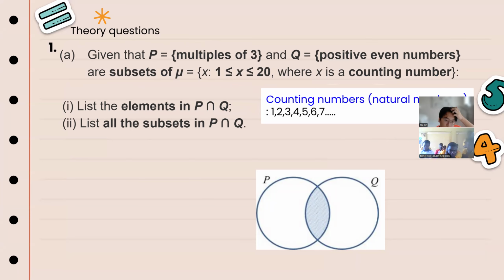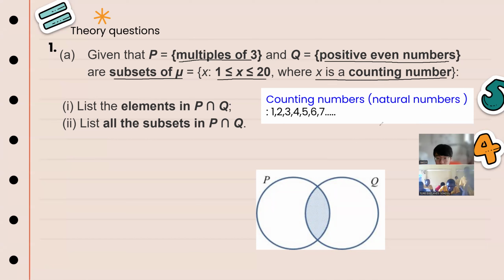Okay, this was a theory question from the 2025 exam. Given that the set P is the multiples of 3 and set Q is the positive even numbers, they're both subsets of the set mu, which is all the values of x from 1 to 20, or x is a counting number, so 1, 2, 3, 4, 5, 6, 7, all the way to 20, also known as the natural numbers.